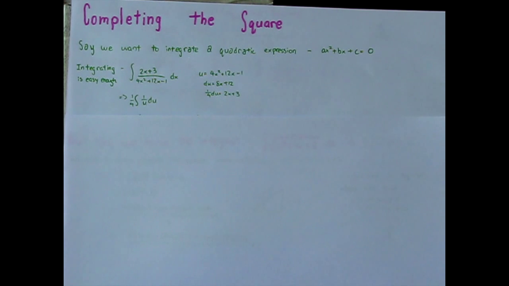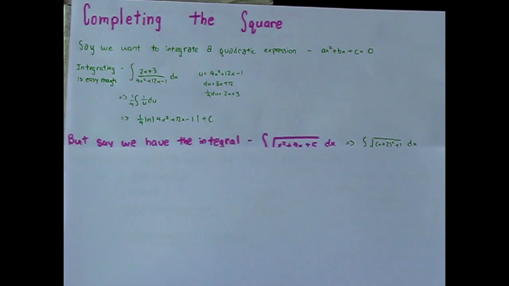You just substitute u for 4x squared plus 12x minus 1, and you come out to 1/4 du over 2x plus 3, and you would get 1 over 4 integral 1 over u du, where you would get your answer, which is 1/4 ln of 4x squared plus 12x minus 1 plus c.